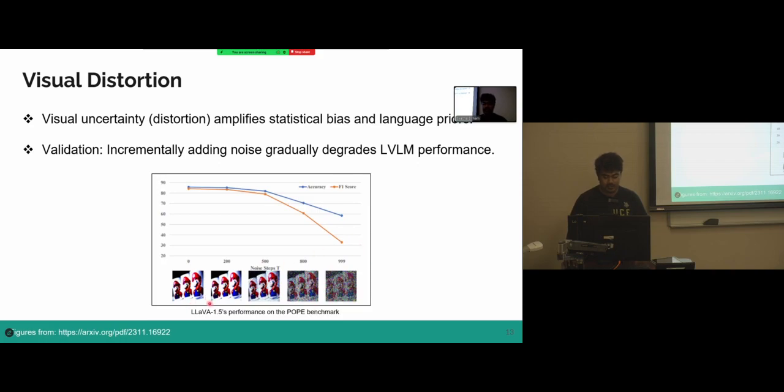This is an analysis from the paper which shows that as we add more noise to the images, increasing the number of noise steps, the accuracy and F1 score both get lower and lower. So the noisier the images are, the more the models start to hallucinate.